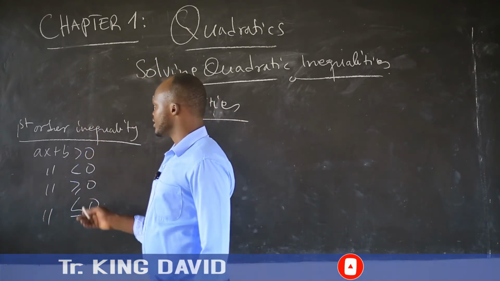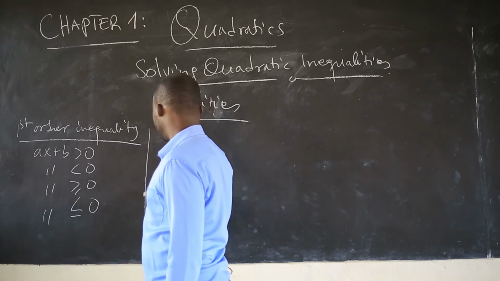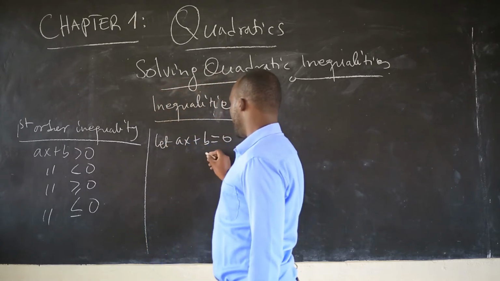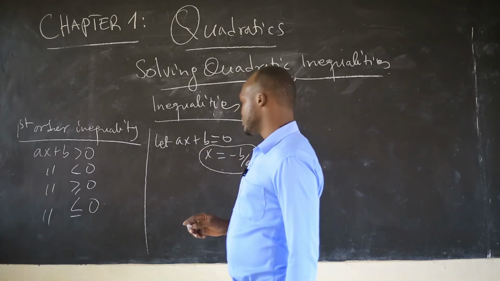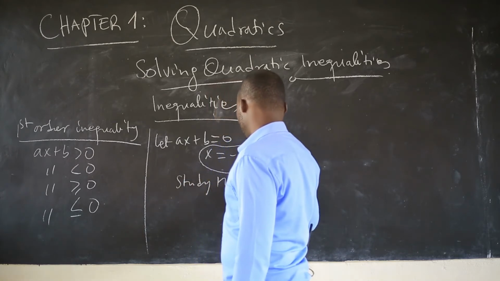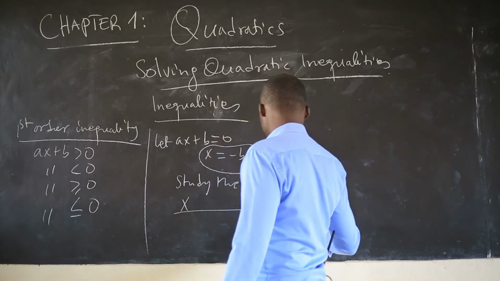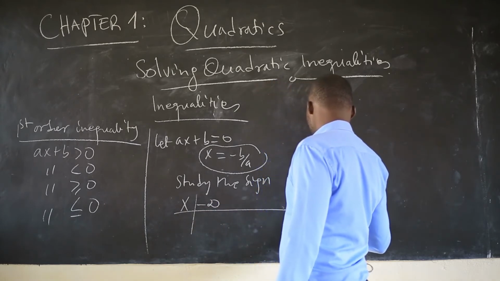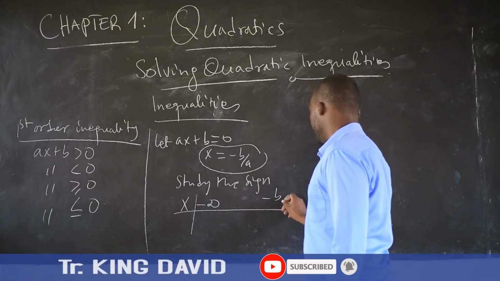So how can you solve that first order inequality? What you do, you let ax plus b be equal to 0. You see here our x will be negative b over a. After that, you study the sign. If we study the sign, x goes from negative infinity to positive infinity, and we have the value of x, which is negative b over a.